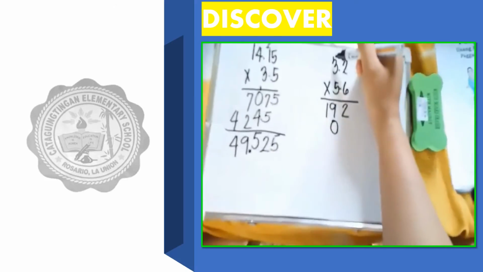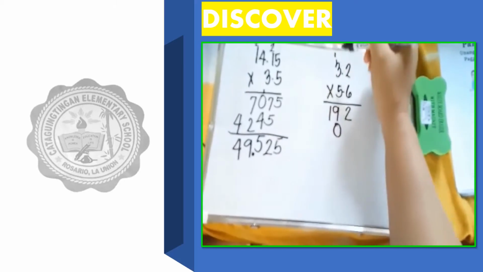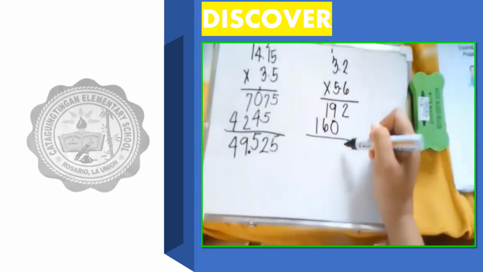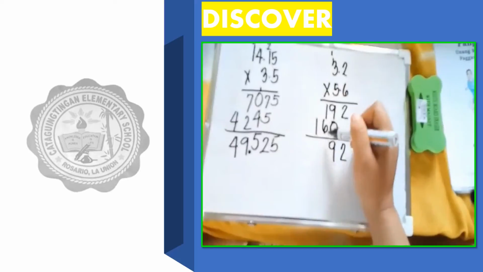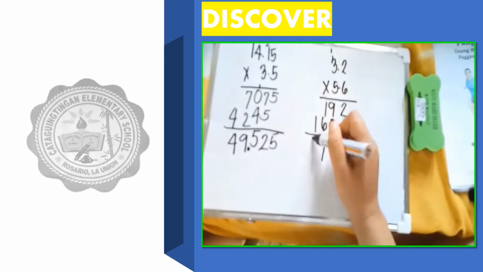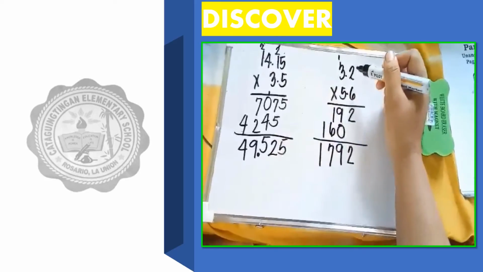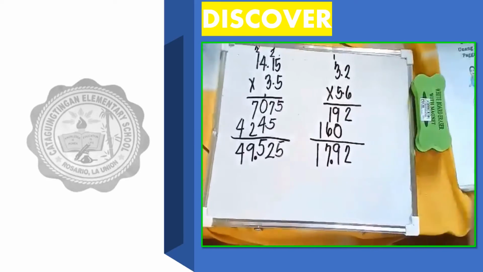Lagay natin ulit yung 1 doon. 5 times 3 is 15 plus 1 is 16. Let us add the partial product. 2, 9, 1 plus 6 is 7, then 1. Let us count the decimal places. 1, 2. So, 1, 2 bago yung decimal point. Gets po natin?